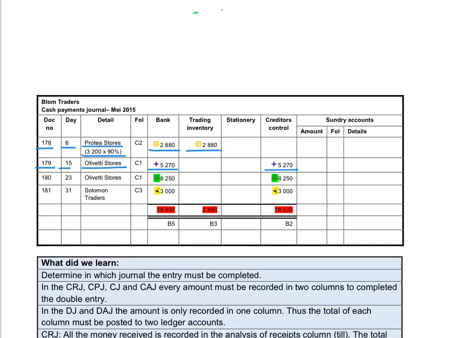We will issue check number 180 on the 23rd to Olivetti Stores for the outstanding amount on the 23rd, and we will pay them taking money out of the bank, reducing the amount that we owe the creditors.